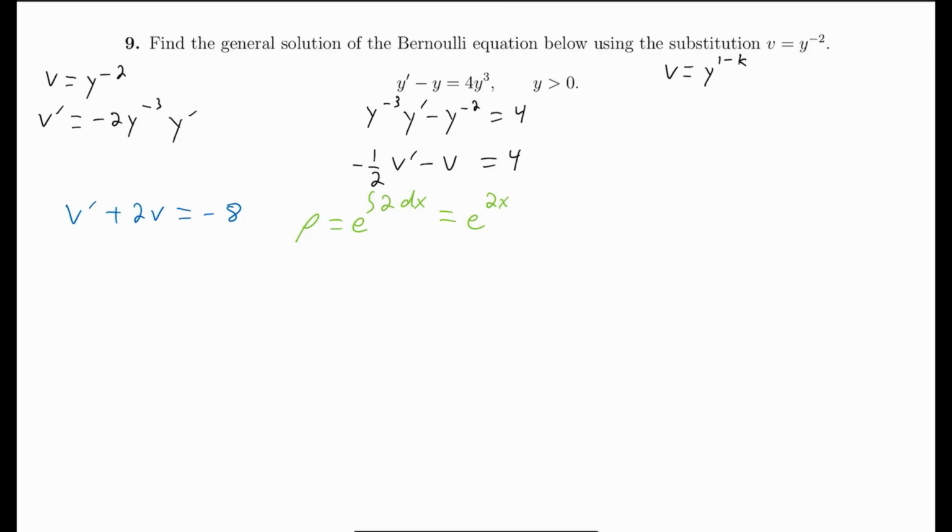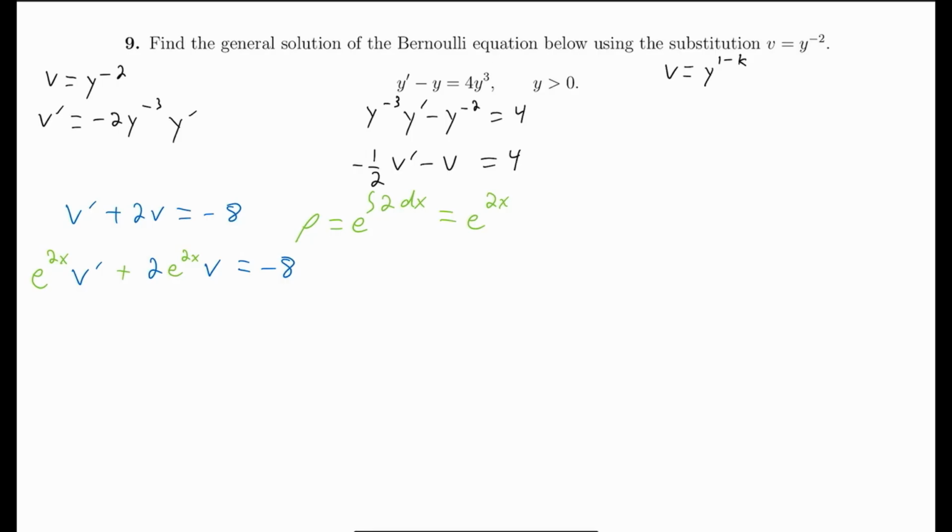We can multiply everything by that from the original equation, so we have e to the 2x, I'll keep everything color-coded, v prime, plus, that'll be 2 e to the 2x v is equal to negative 8.